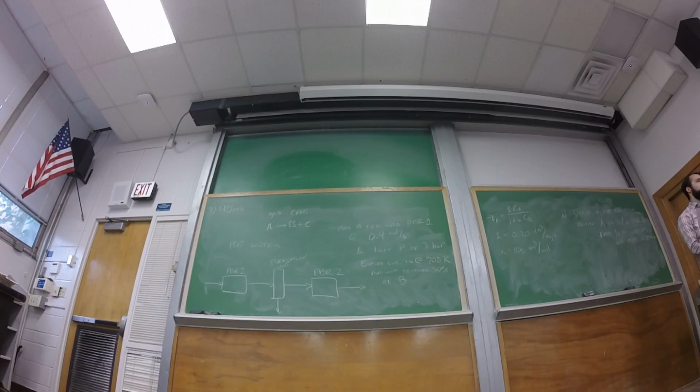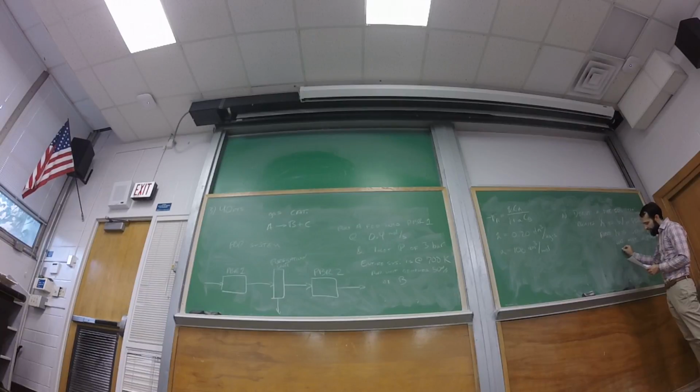So we just talked about that a little bit, how Fogler will sometimes define a conversion based on the inlet, and sometimes define it based on the overall inlet. Finally, it says, clearly define all parameters in your final equation.